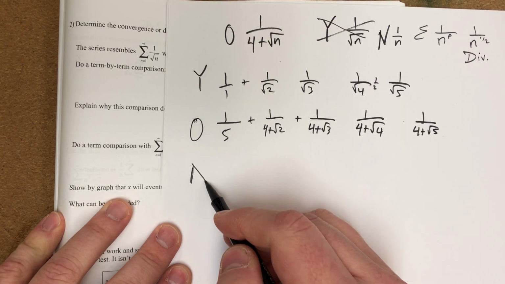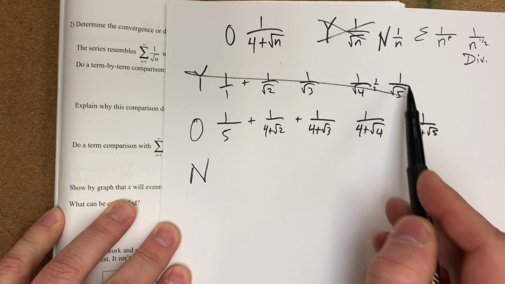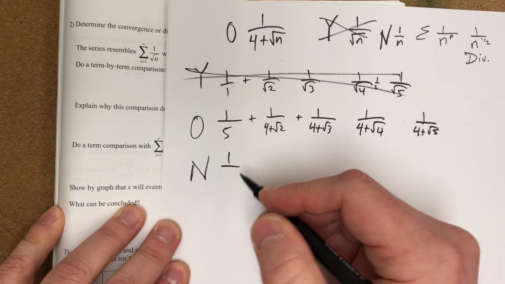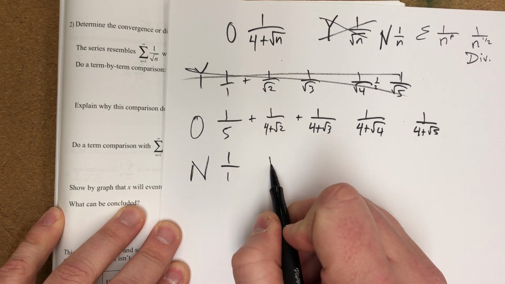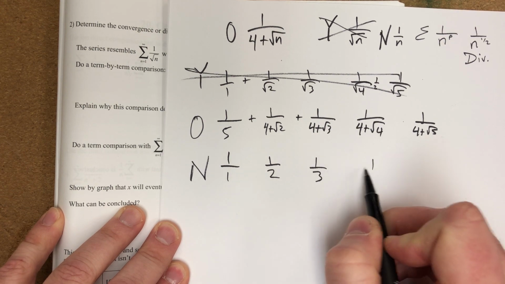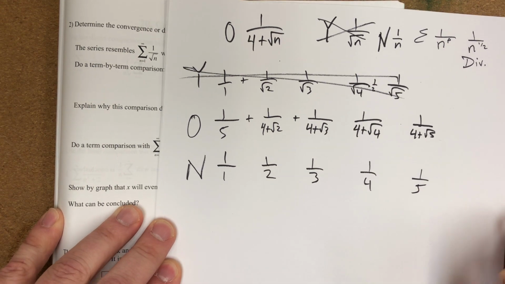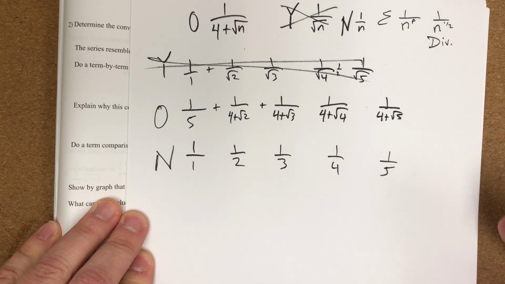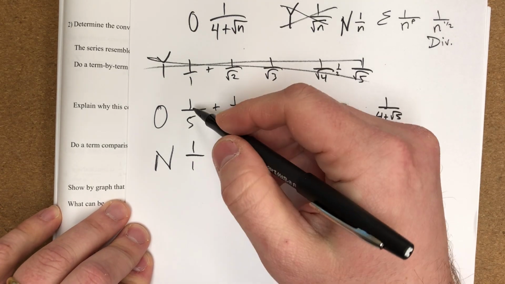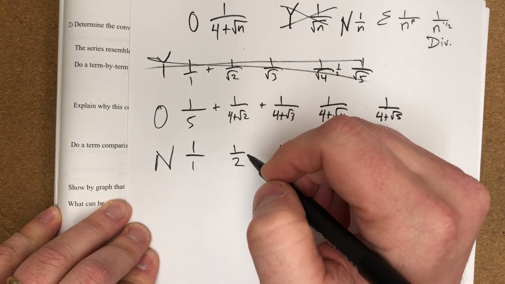Series N, so that was a waste of time. Let's look at N: 1 over 1, 1 over 2, 1 over 3, 1 over 4, 1 over 5. The key thing to note here is, as I'm comparing these, 1 over 1 is bigger than 1 over 5.